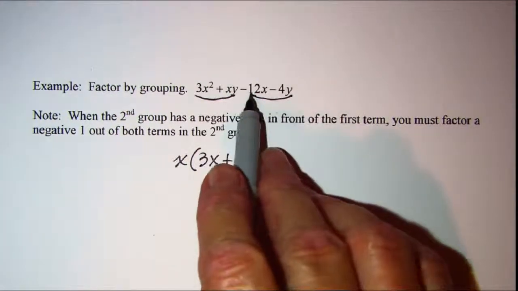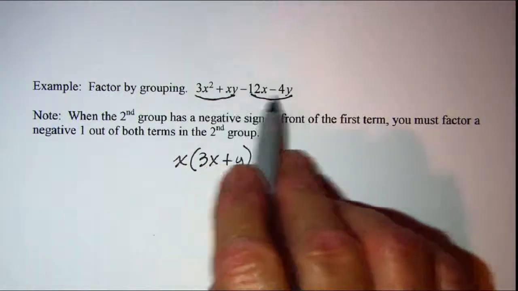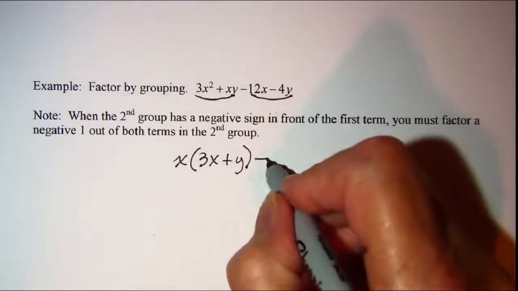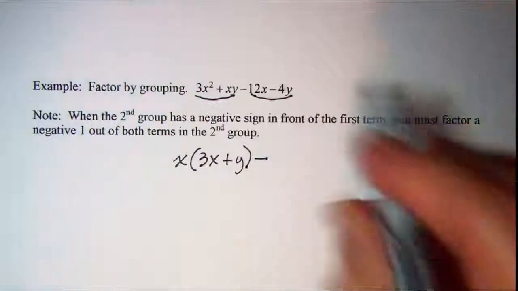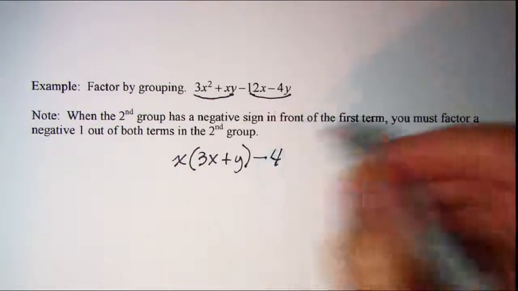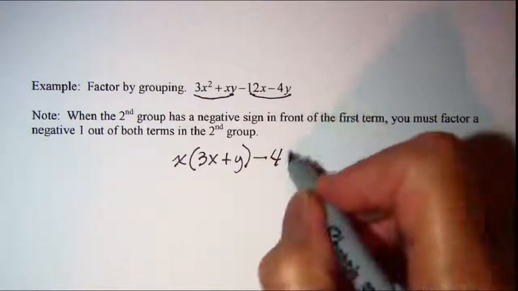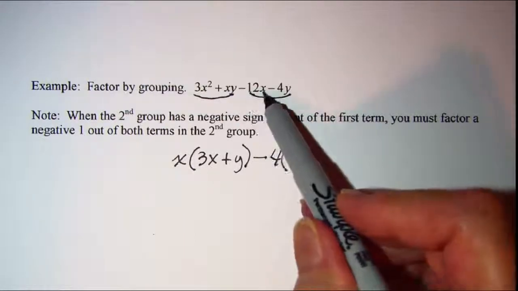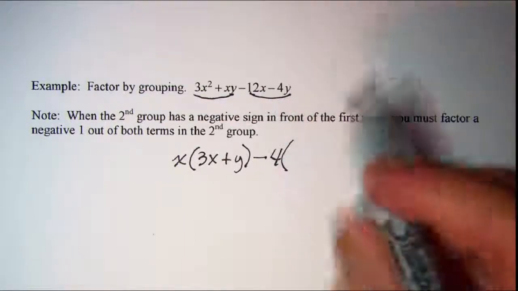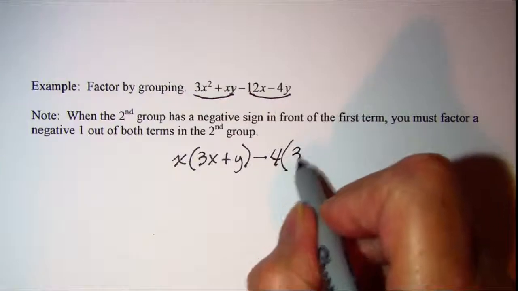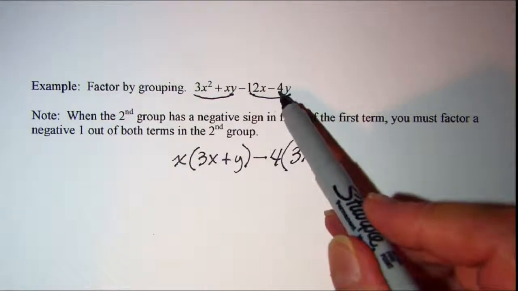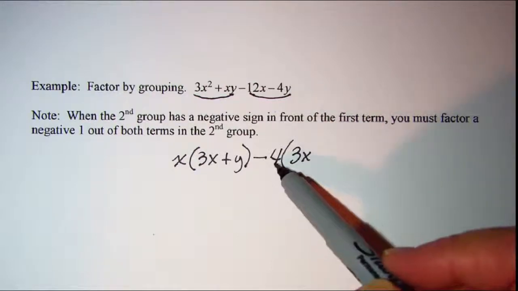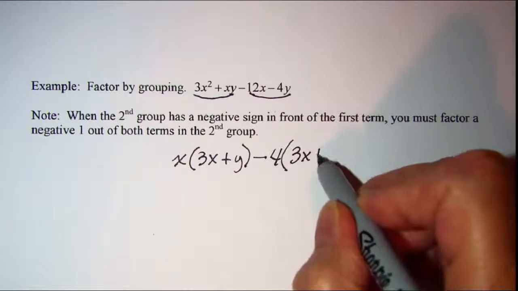Now in this one again, remember we have to factor out negative, and it looks like we have a 4 common to both, and no variables. Okay, so when I divide negative 12x by negative 4, I get 3x, and when I divide negative 4y by negative 4, I get plus y.